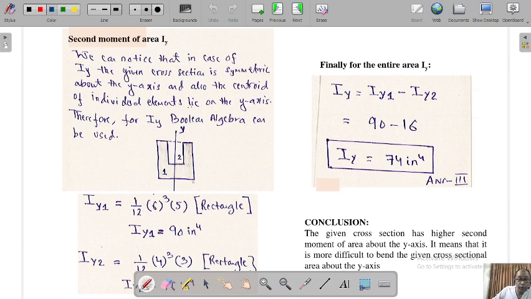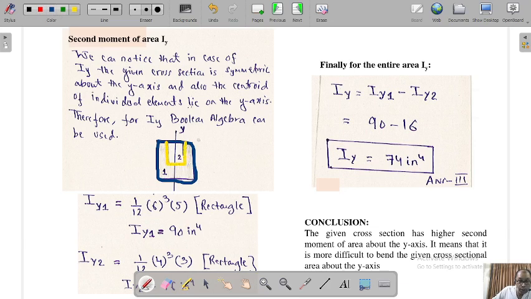What we will do is consider the whole rectangle as one solid rectangle. We will assume this is whole one, and from here we will subtract this inner rectangle.